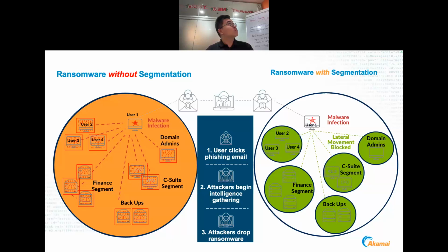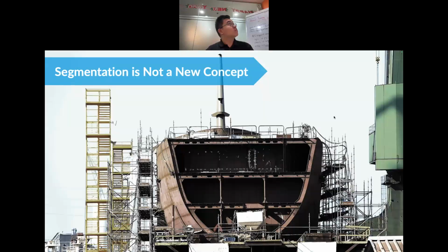Then segmentation, to be honest, is not a new concept. Many companies tried to do this segmentation by themselves many years ago. If you know something called VLAN, VLAN tagging, where you have a switch, maybe the switch has 24 ports, but it doesn't mean that the 24 ports can talk to each other, because you put different VLAN IDs.